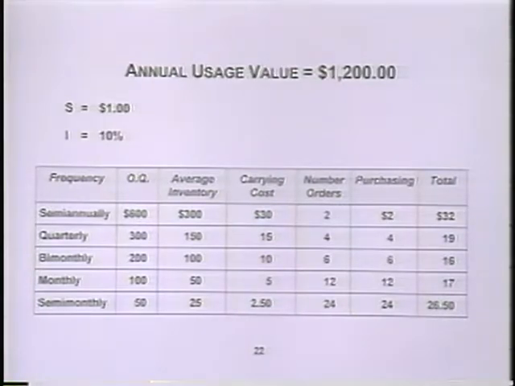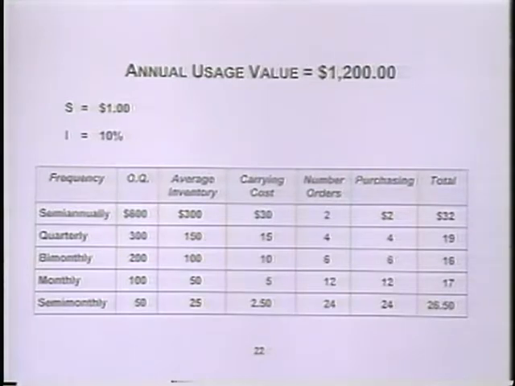Now, you're going to notice as you peruse down the total cost column, starting off with $32, then it drops to $19. It further drops to $16. Now, the reason for that, if you look over on the carrying cost column, the carrying cost is starting to decrease.